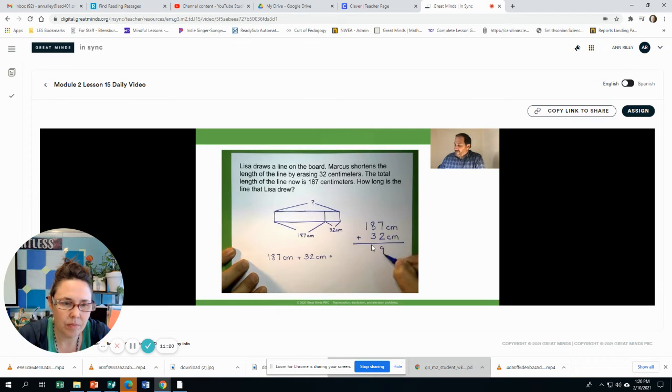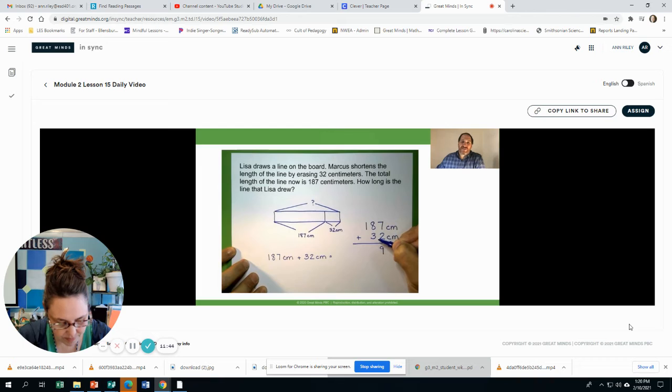Now, I didn't have to rename any tens here, so I'm going to go ahead and add my tens. What is 8 tens plus 3 tens? That's right, 11 tens. But I know I can take 10 of those tens and exchange it for a, that's right, 100. We can rename 10 tens as 100.